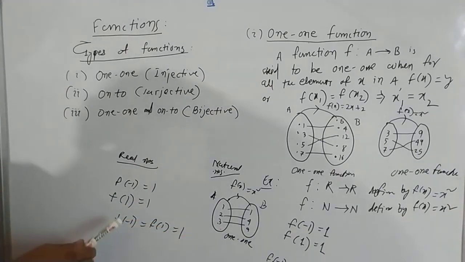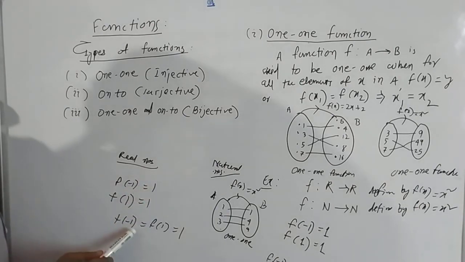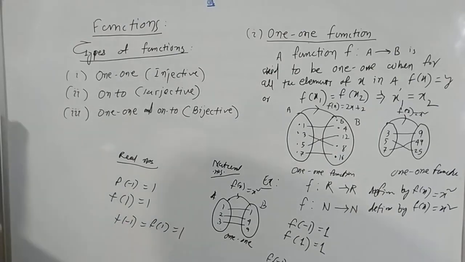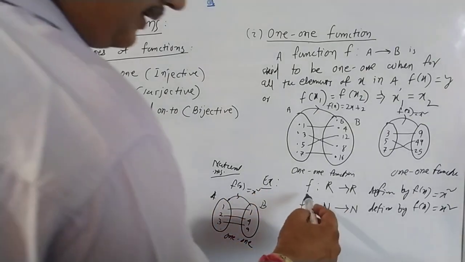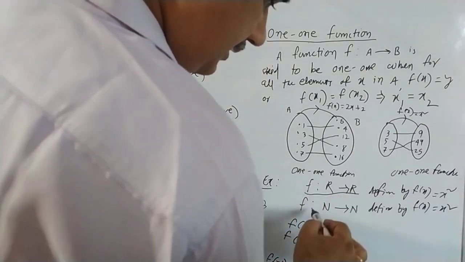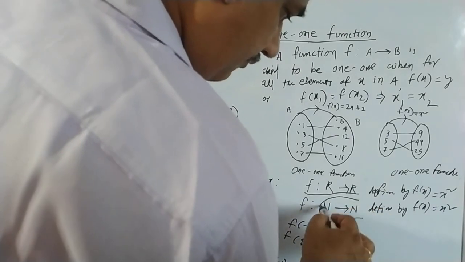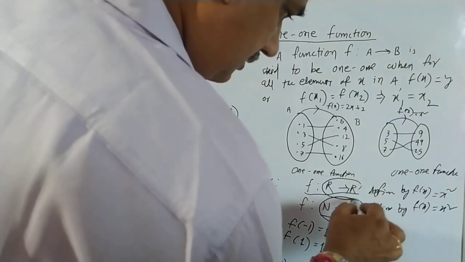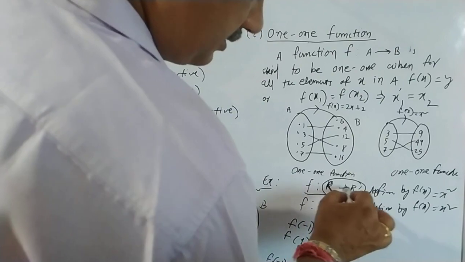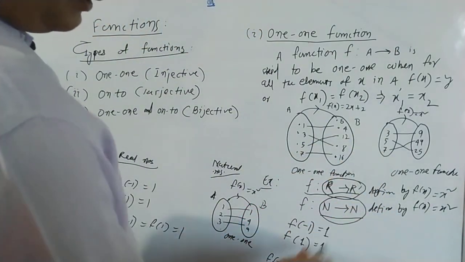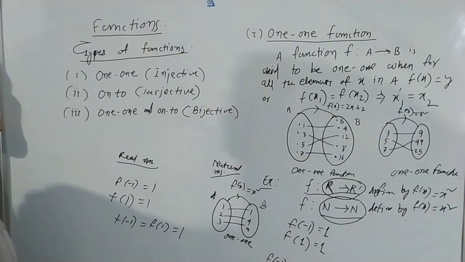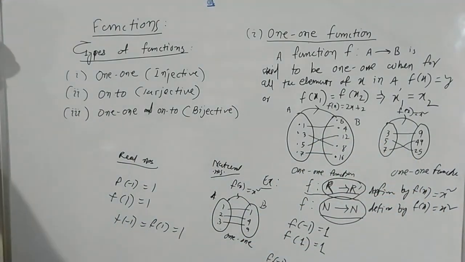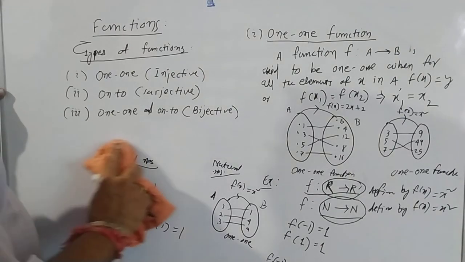Okay, so this is not one-one. This is many-one. But in case of natural numbers, it is one-one. So this is important: the function is from the set of which numbers to which numbers. It's real to real or natural to natural or natural to real or integer to integer, that depends. Okay, so this is about one-one function.